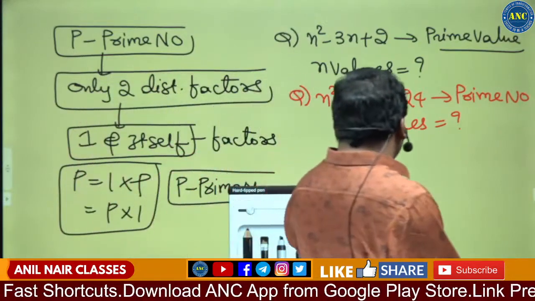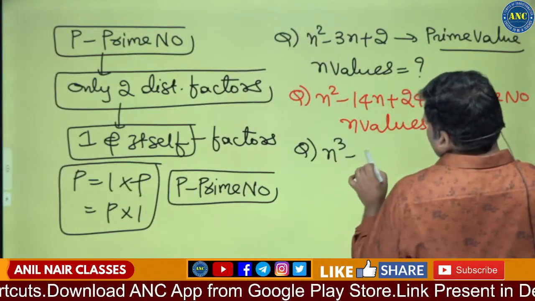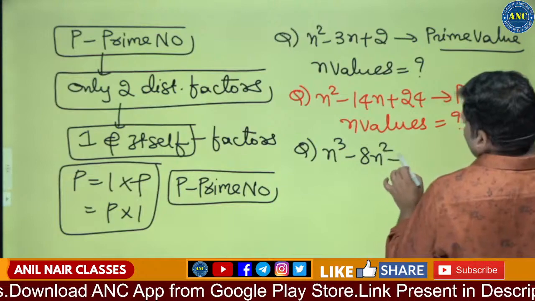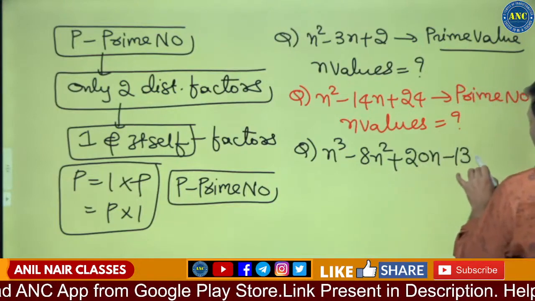Sir, can you do one advanced level question? n cube minus 88n square plus 20n minus 13.